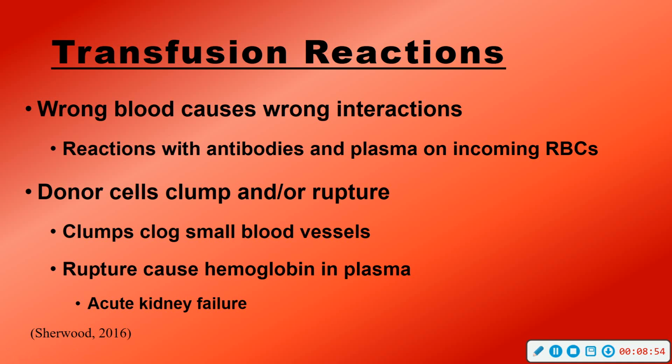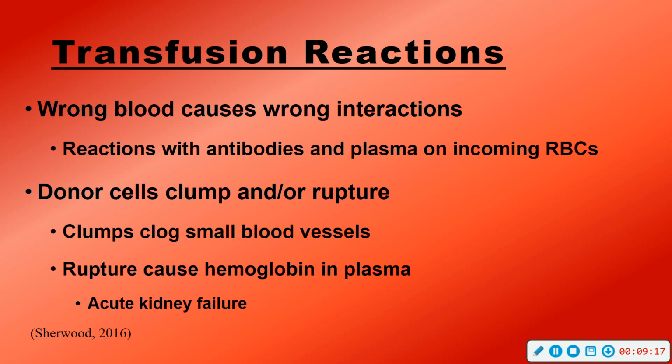If someone is given the wrong blood, the donor blood can basically be attacked by that person's body. The donor blood could clump, causing cells to fuse together, which will clog blood vessels and cause serious medical issues.